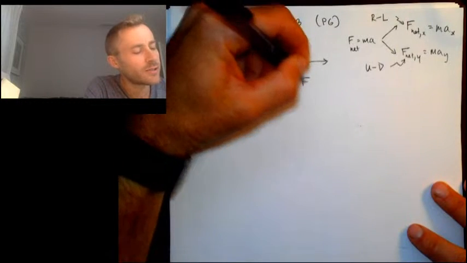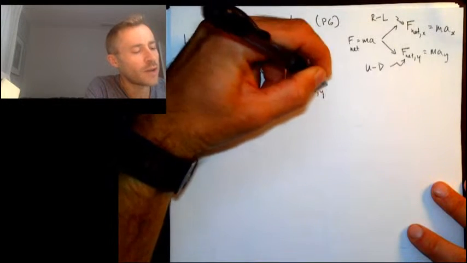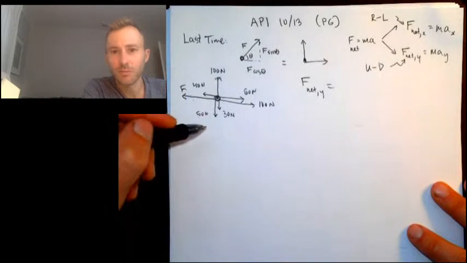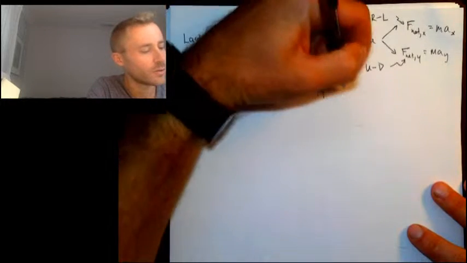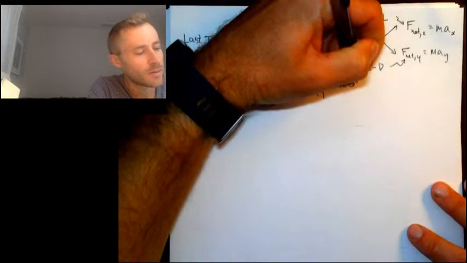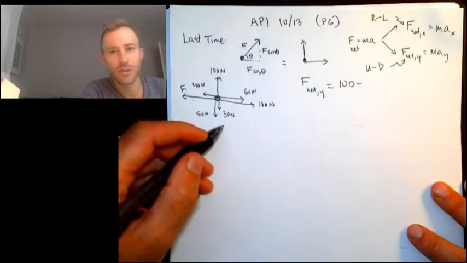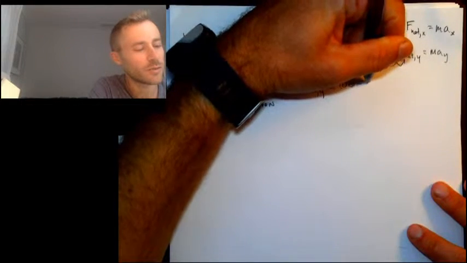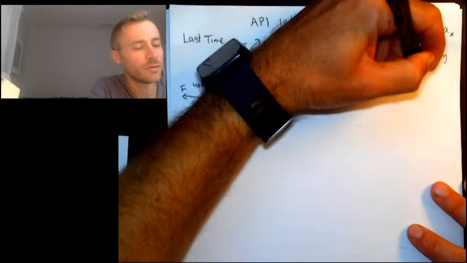In that case, the net force in the y direction would equal up forces minus down forces. So 100 newtons going up and 50 and 30 going down. So 100 minus 50 minus 30 equals 20 newtons.